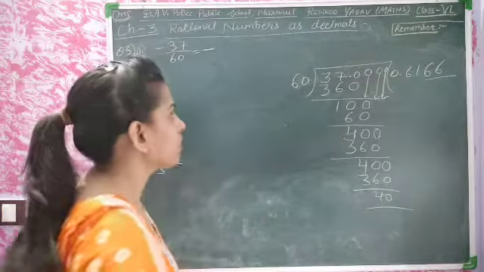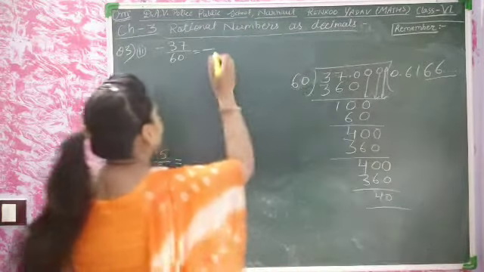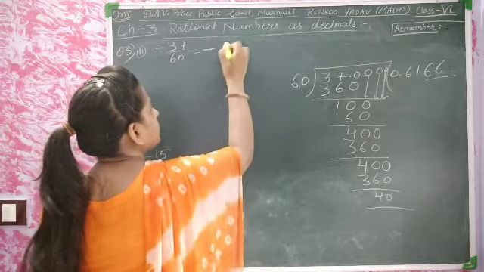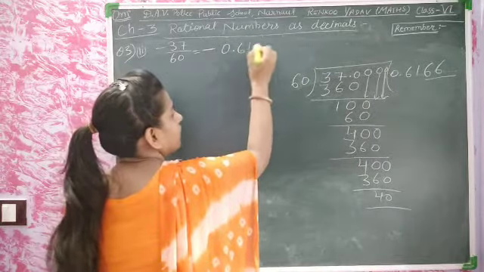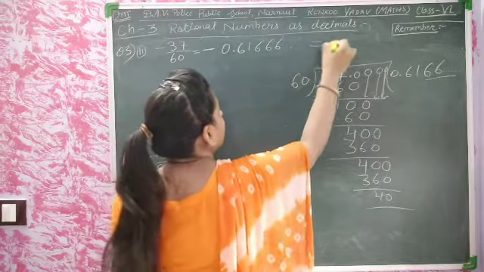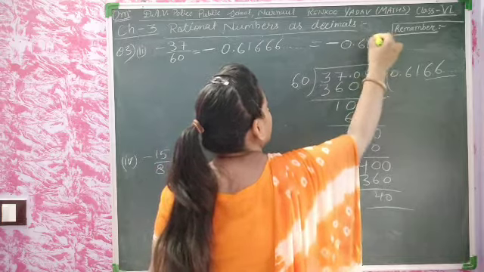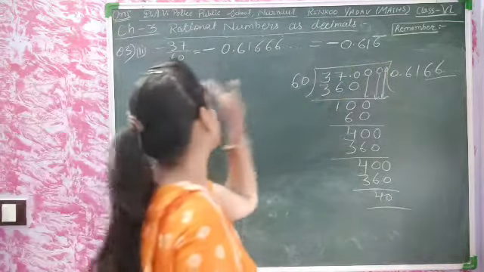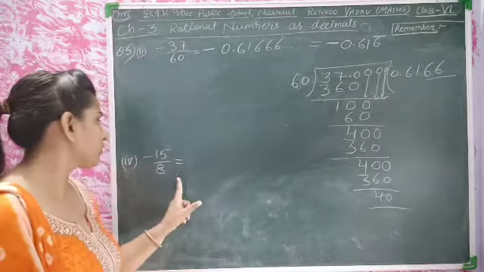Okay students, so we will put the dots, and it equals minus 0 point, what's the quotient here, 0.6166 and so on. It means we are writing minus 0.61 and 6 is repeating again and again. This will be the decimal representation of this number. Is this clear students? Now we will go to the next part.